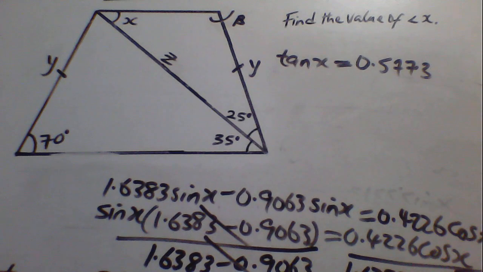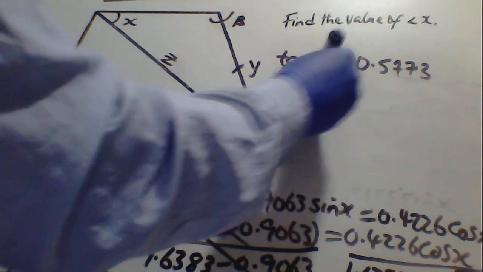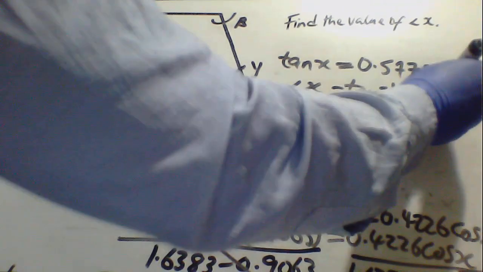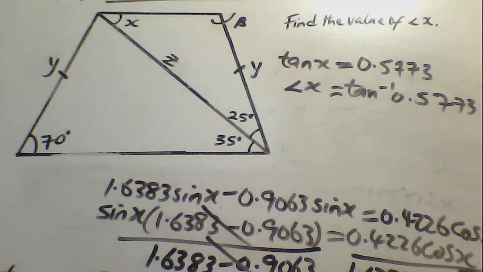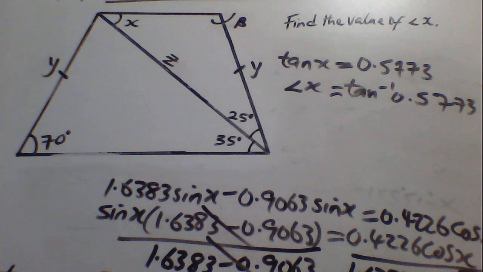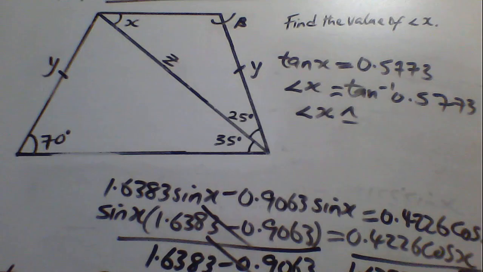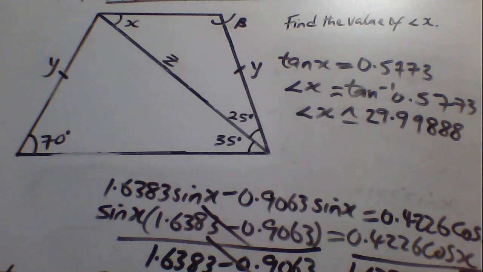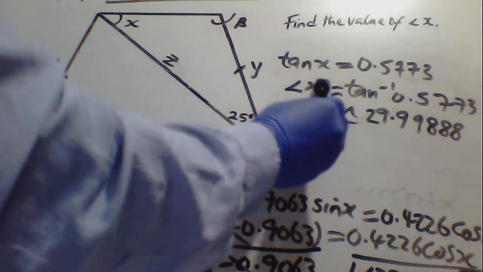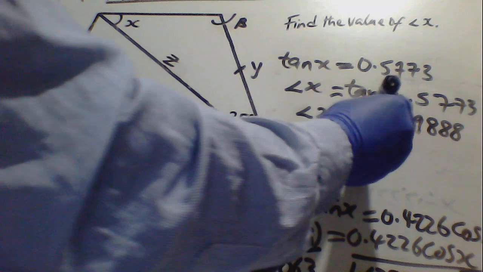Take what? The arctan of both sides, and that gives us angle x to be arctan of 0.5773. If you do that, you have angle x to be approximately 29.99888, which is approximately equal to 30 degrees.